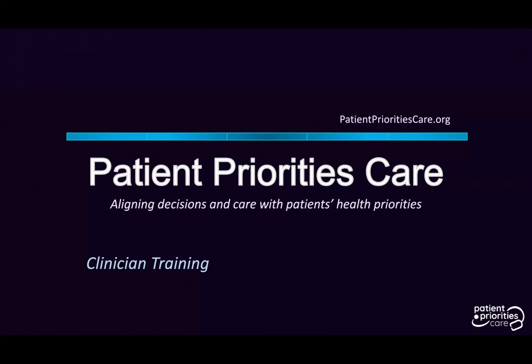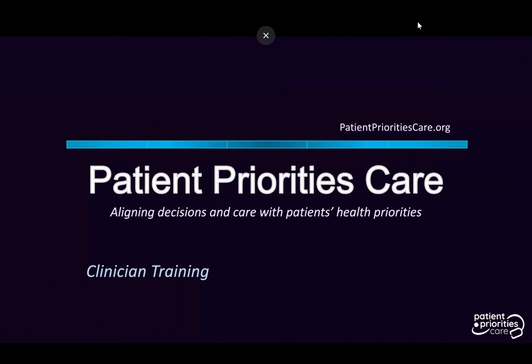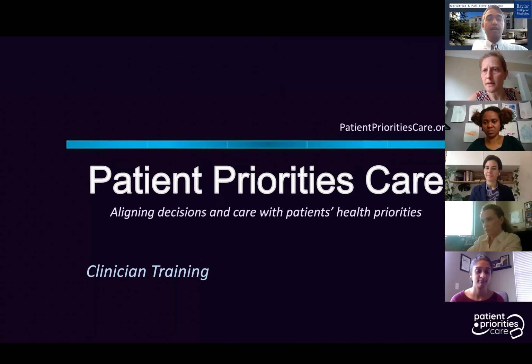So thanks again for letting us come and spend some time with you all. Many of you were part of our prior training doing the facilitation piece for patient priorities care, and now we're moving on to the next set of training around clinician training. Claire and I are part of the team that's developed patient priorities care, which involves aligning decisions and care with the health priorities of older adults who have multiple chronic conditions, so many of the patients you see in home-based primary care.